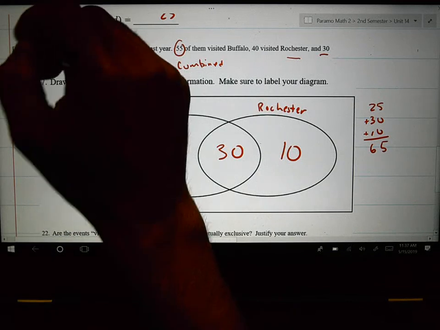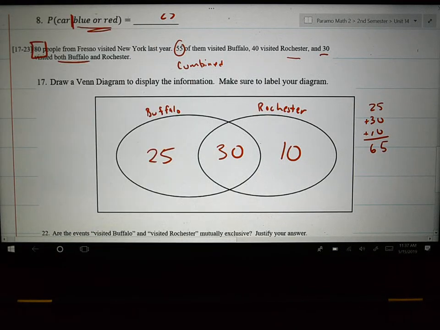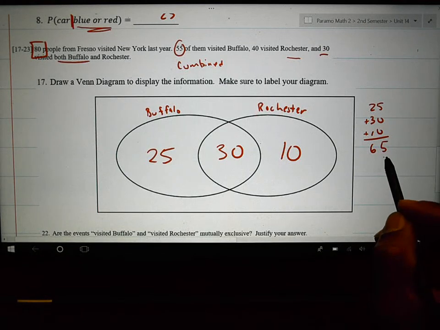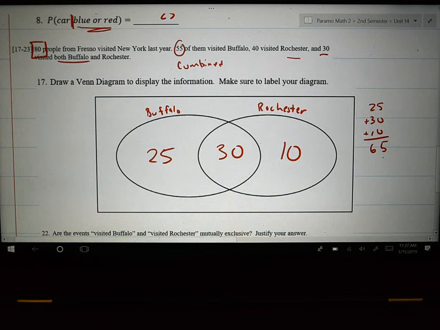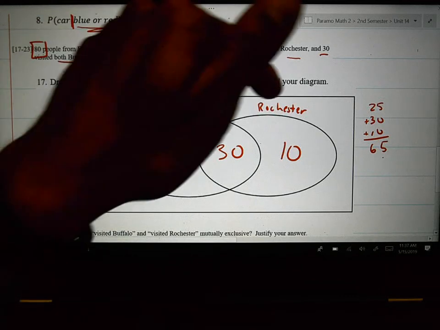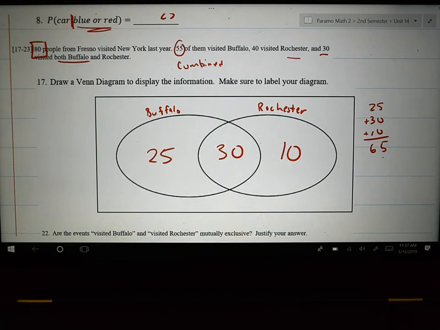But it says 80 people from Fresno visited New York. That's the state. We only counted 65 people. That must mean that some people did not go to Buffalo or Rochester. Maybe they just went to New York City. Maybe they just went to Manhattan. Other places in New York that I've never been to.